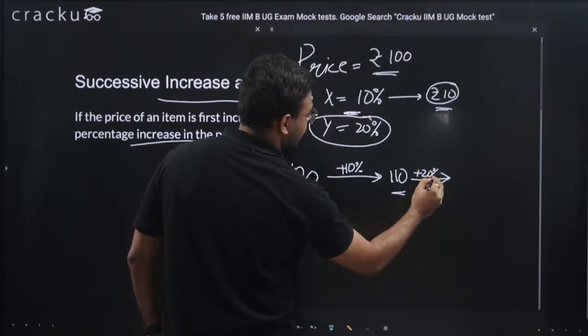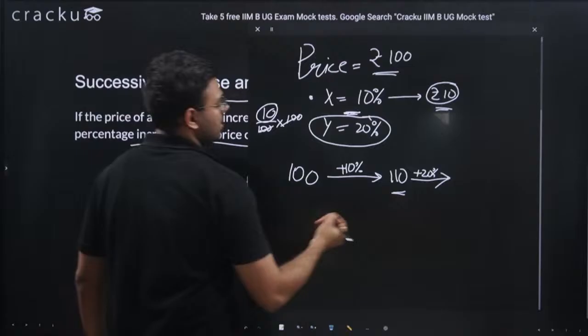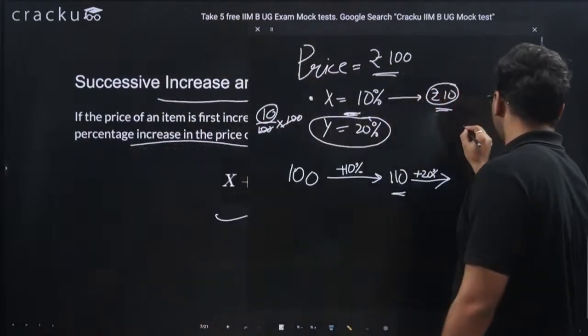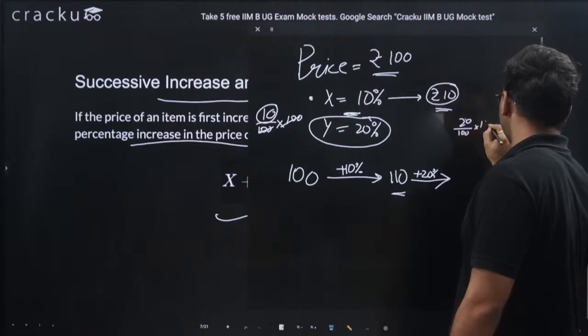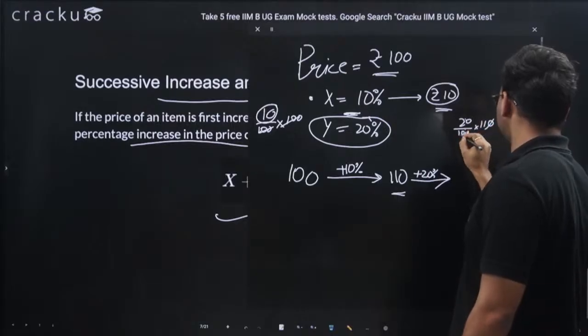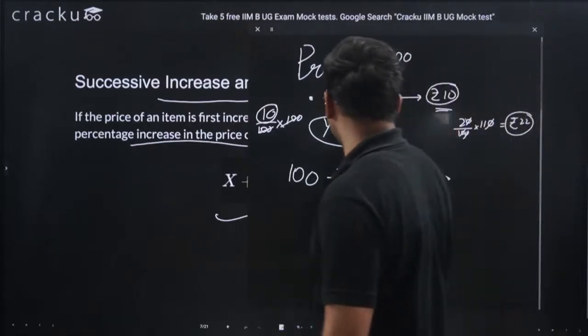So 20% of 110 will be 20 divided by 100 into 110. The 0 will get cancelled and this 0 will get cancelled, so this is equal to rupees 22.